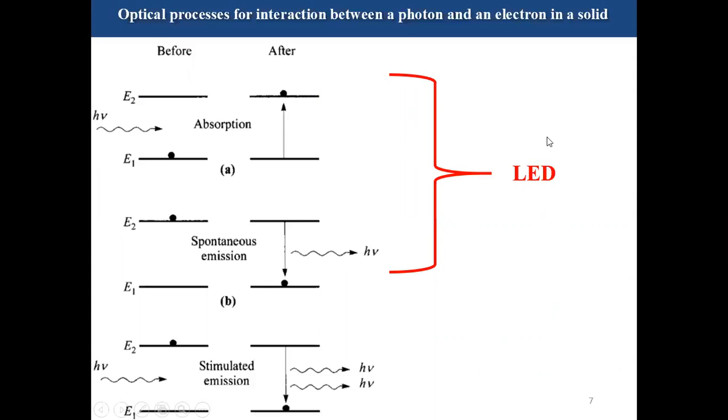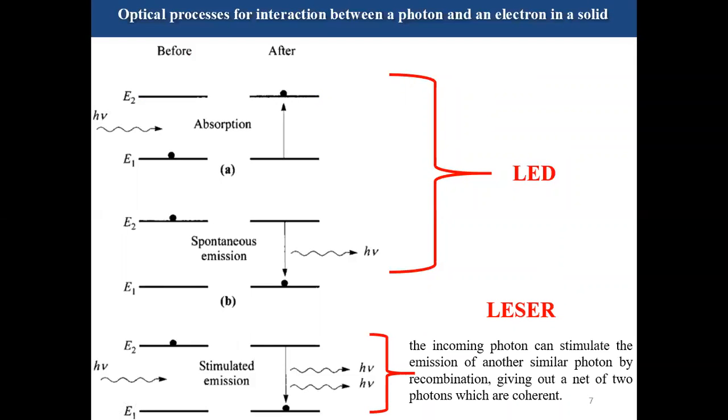So that is used for LEDs. It could be stimulated also. So for lasers, we use this stimulated mechanism. We create this with the help of the incoming photon that stimulates the emission of another similar photon by recombination, giving out a net of two photons which are coherent.